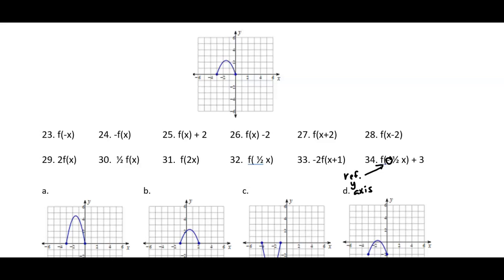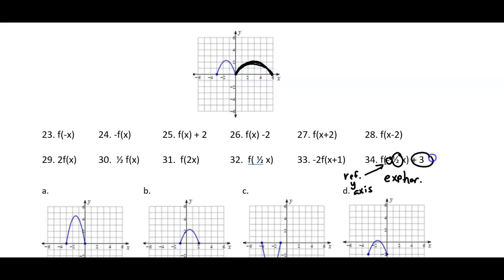So if I did that, it would look something like this. Okay. Also, I'm multiplying inside the parentheses, so that's horizontal, by a number less than 1, which is an expansion. So I'm expanding it horizontally as well. So now not only is it flipped to the other side, but now it's going to be wider.